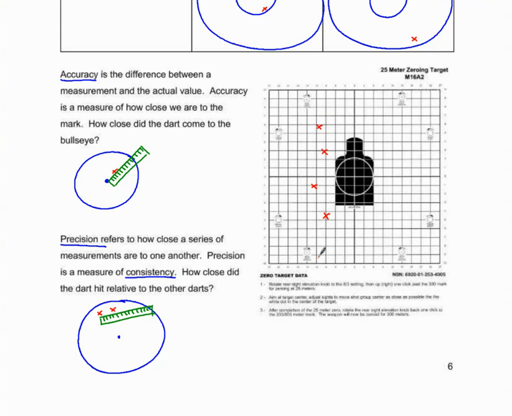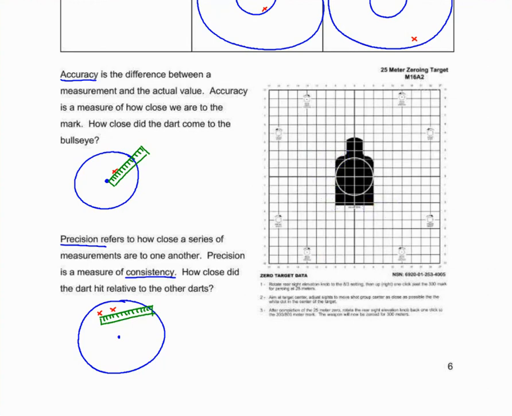What that means is that the person is breathing a lot while they're shooting at this target, and they're not holding their breath like they're trained to do. Once you start holding your breath at the same point every time, this person would probably have a better time of hitting them closer together like this. If they're too spread up and down, that's breathing.